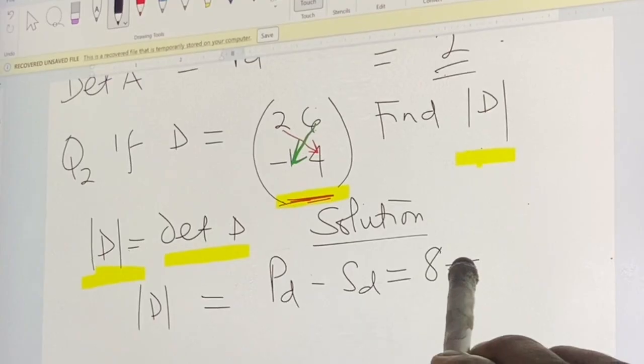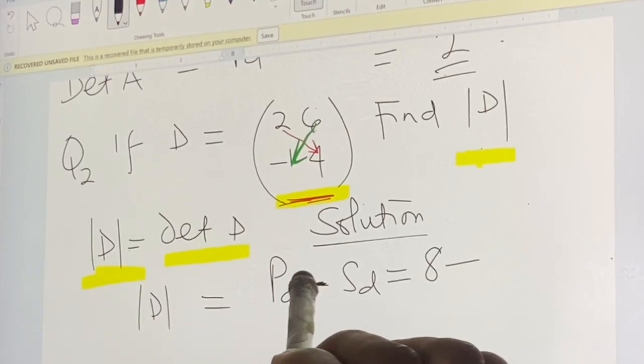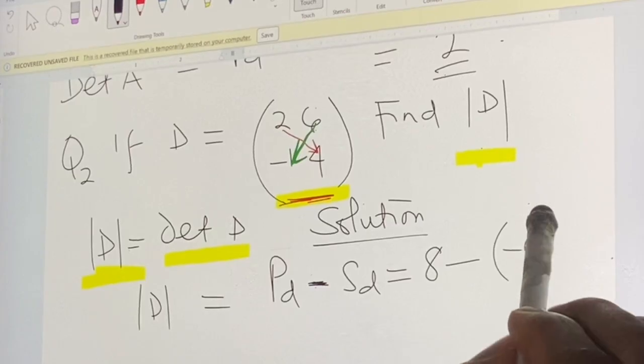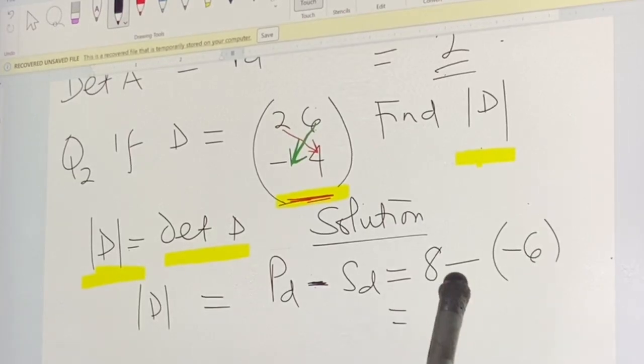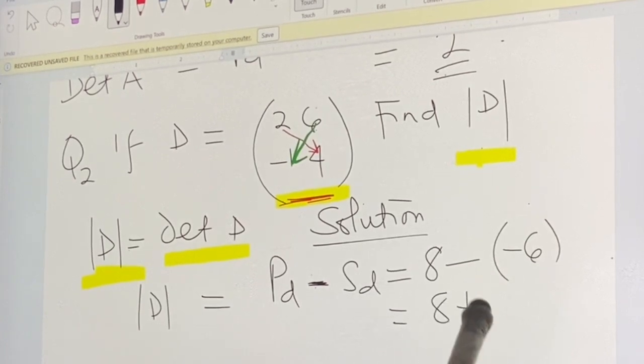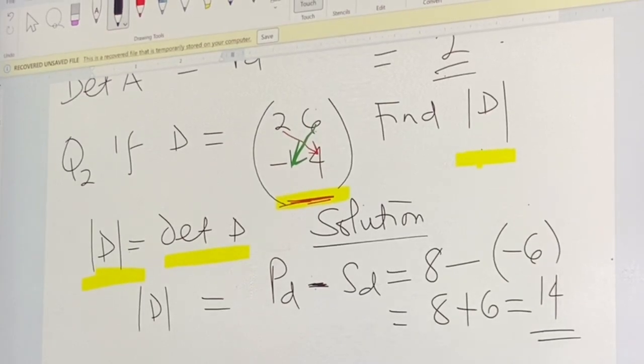Minus, this minus is from the formula. Now 6 times minus 1 gives minus 6. Minus times minus gives plus. So 8 plus 6 gives 14. This is my answer.